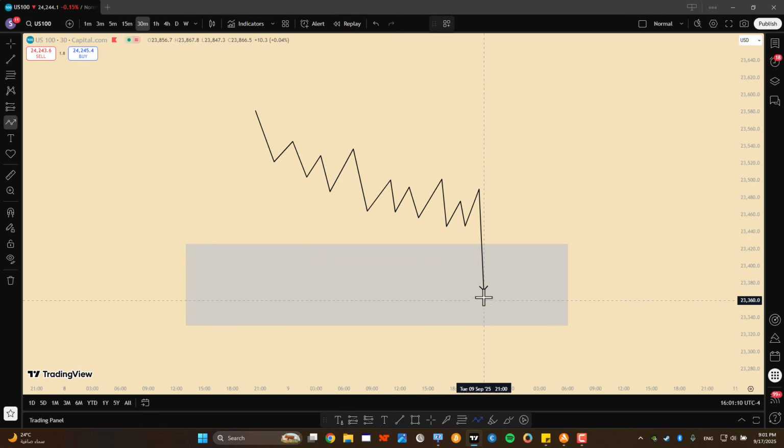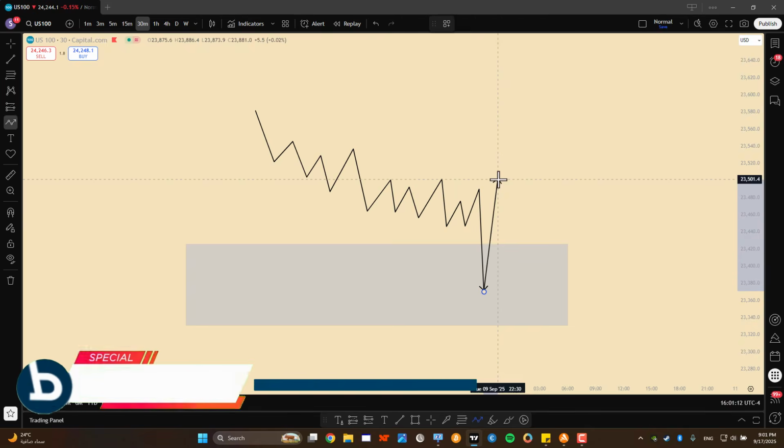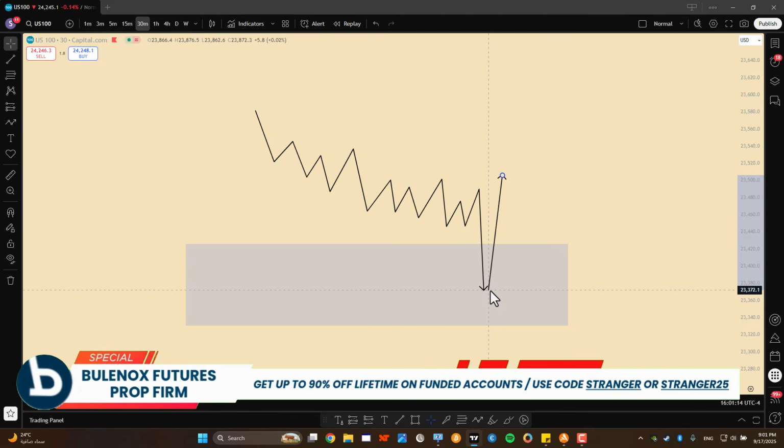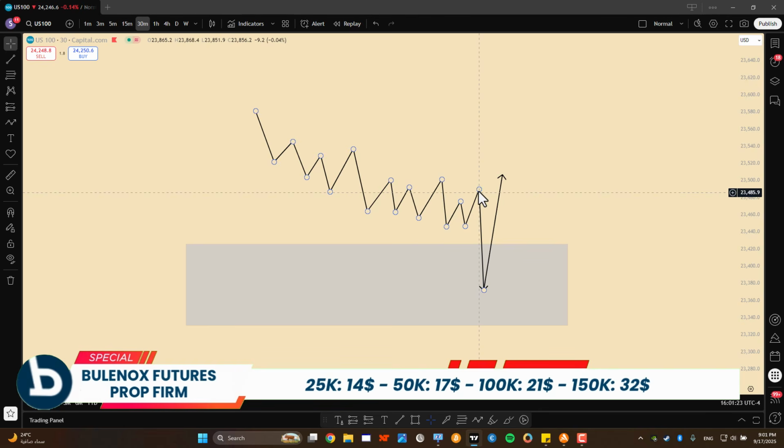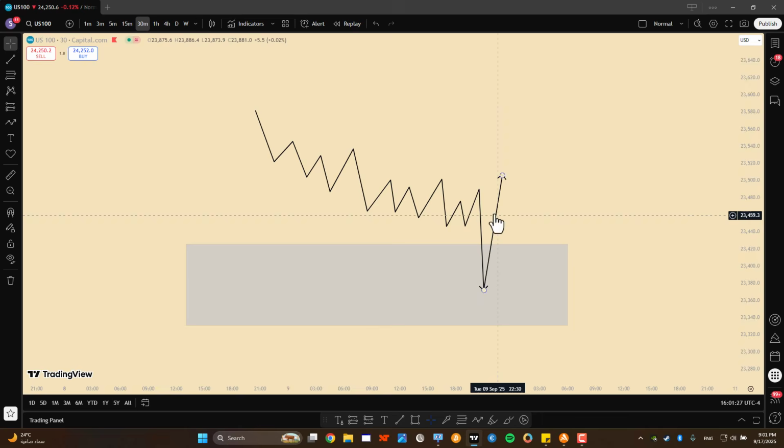Now the next thing is you want to see something like this, a V-shape recovery. So the market was pretty much idle right here, or in an average trend, and then suddenly a huge move to the downside, and then followed by an opposing move that fades this whole leg.